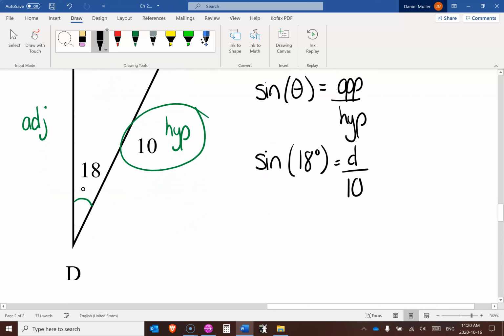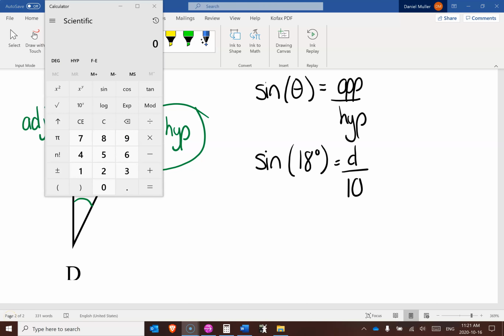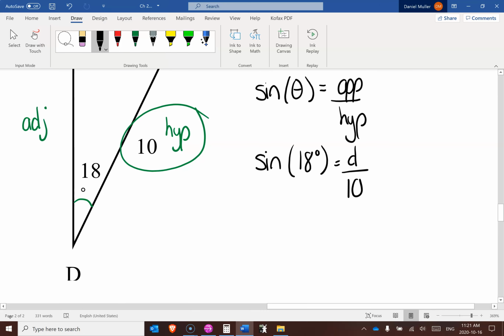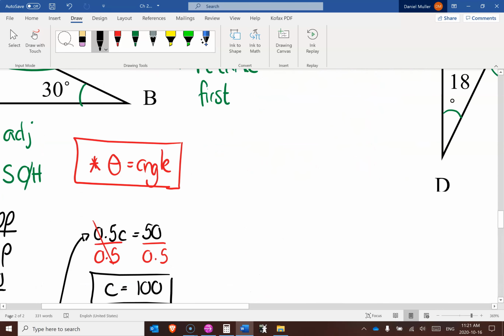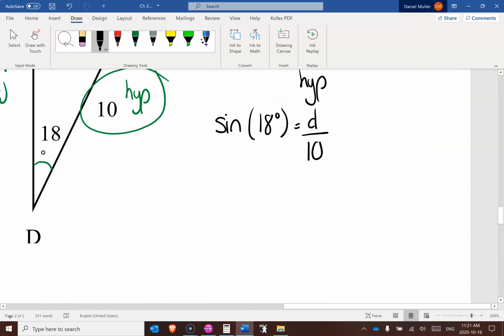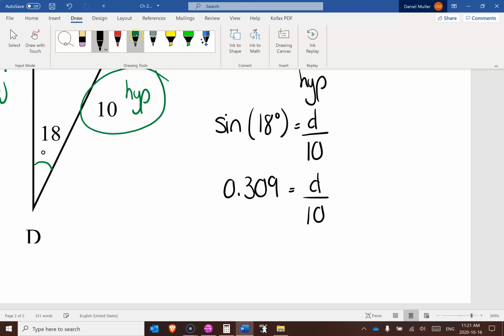Now sine of 18, we can take a look at our trig table and see what that is, or we can use a calculator depending on what's given. Just because it's easier here for me to constantly bring up a calculator, I'm going to use that, but in class it might be a table. So sine of 18 degrees is 0.309. 0.309 is equal to D over 10.